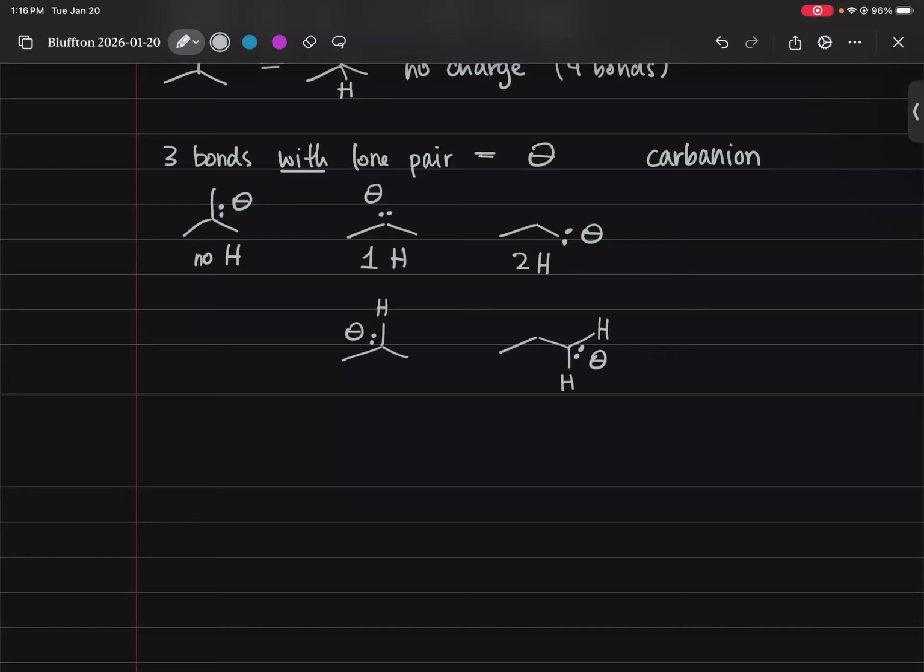So when we draw out the hydrogens, now we can see the 3 bonds in each case. 3 bonds, all of them to carbon. 2 bonds to carbon and 1 to hydrogen. 1 bond to carbon and 2 to hydrogens. All have 3 bonds, all have a lone pair, all have a negative formal charge.